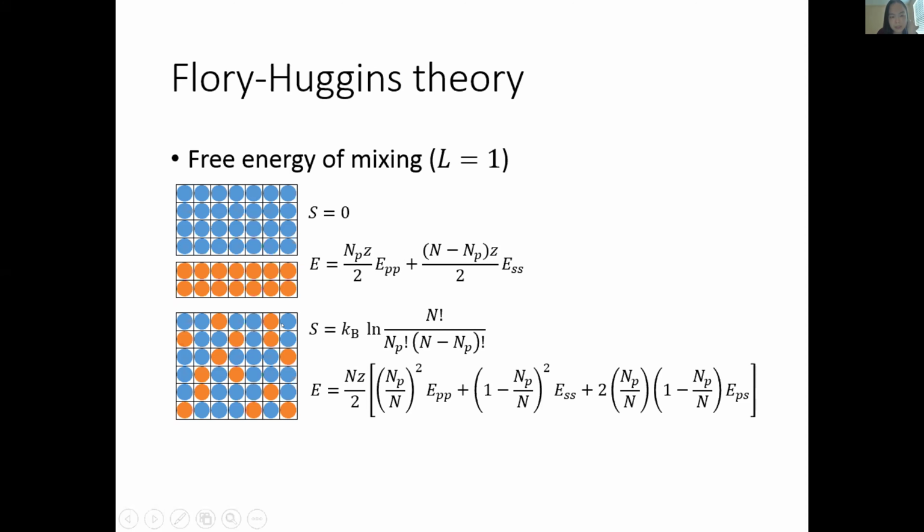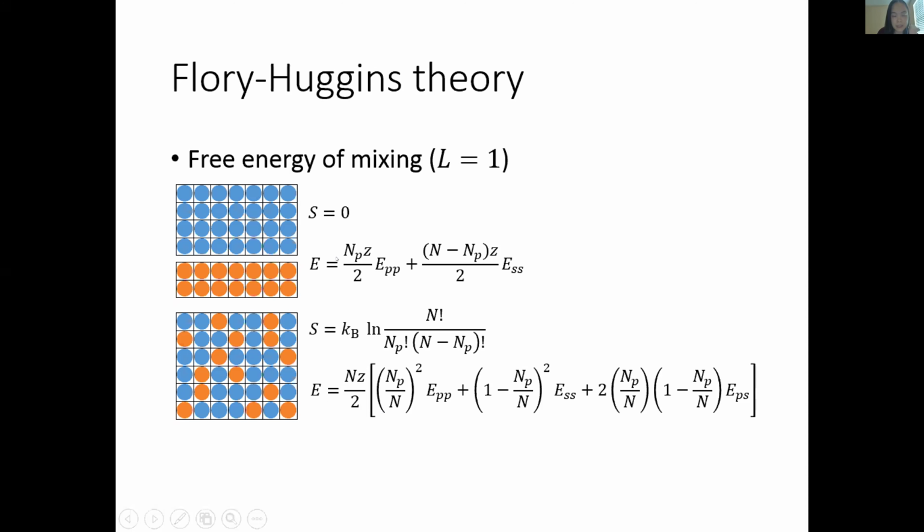Now for each pair, we have this probability to have both sites be polymer and polymer, this probability to have both sites be solvent and solvent, and this probability to have one site be solvent and one site be polymer. And that's why we have the binding energy in this form.